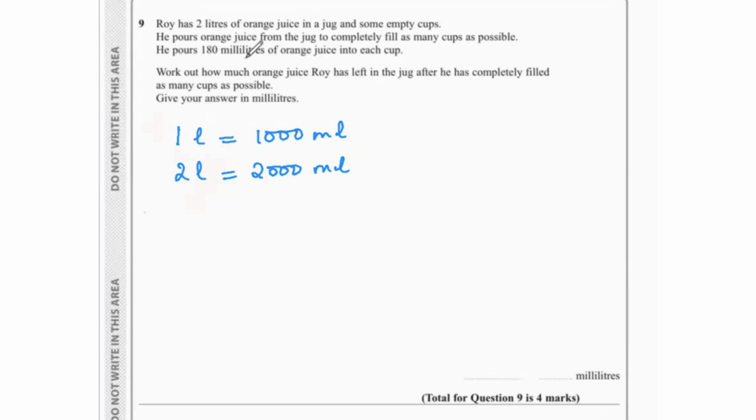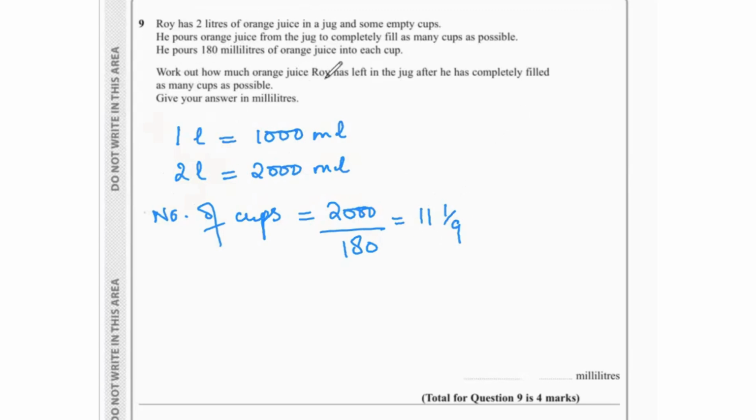They're saying 180 milliliters of orange juice was poured into each cup. So if we divide 2000 by 180, that would give us the number of cups that were used. 11 whole number 1 over 9. So there were 11 full cups.